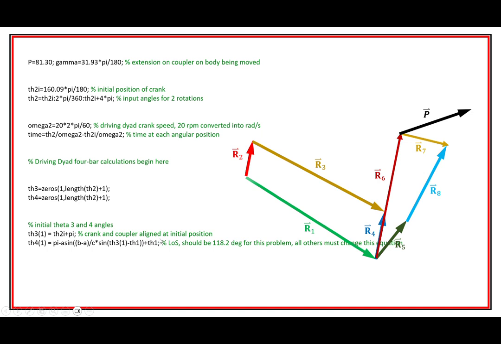Crank and coupler aligned at initial position. Oh yeah, that's true. If you go back to the beginning, you would see that this guy and this guy, the initial condition is when they're aligned with each other, when this piece is as far left as it'll go, so the crank has now aligned R2 and R3 together. But they are actually 180 degrees apart while being in line with each other.